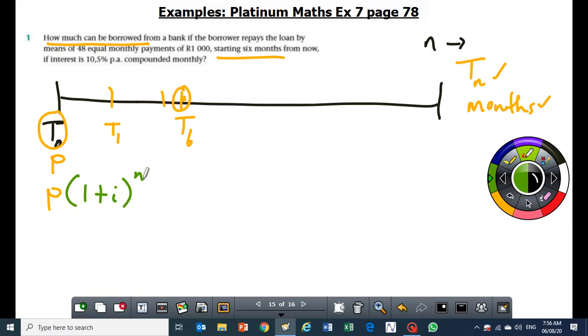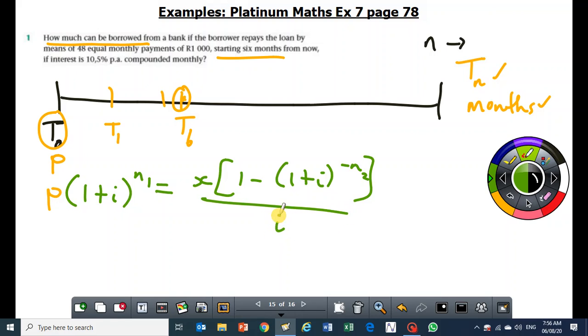Because we are dealing with a delayed payment of a loan, we use the present value formula. So it will be x times 1 minus 1 plus i raised to the power of minus n, all over i. I prefer to call this one n1 and that one n2 to avoid confusion.